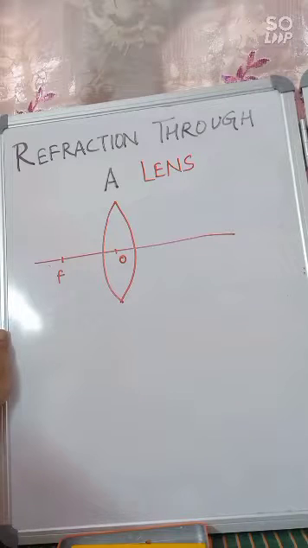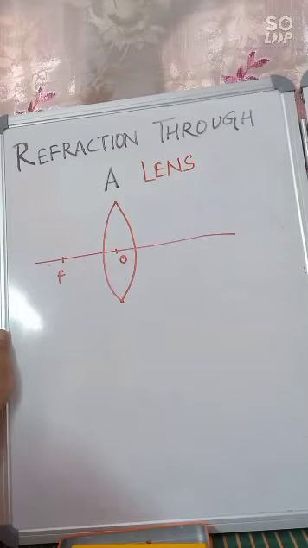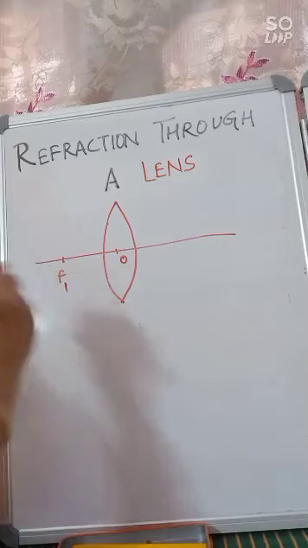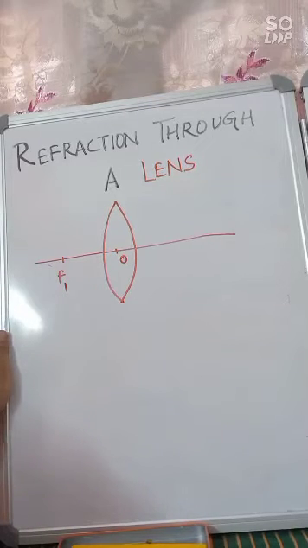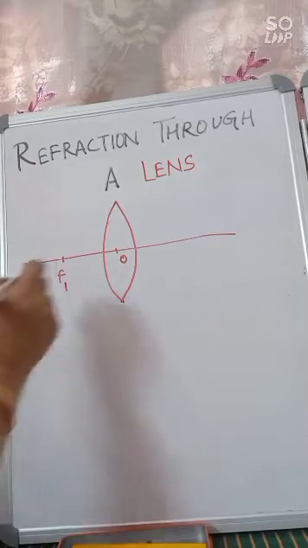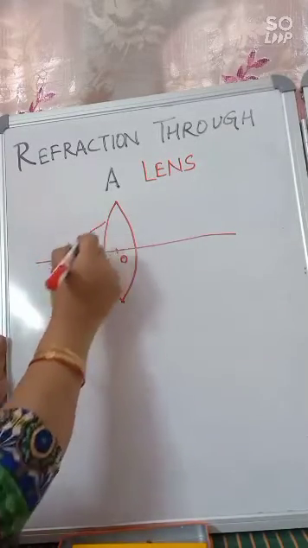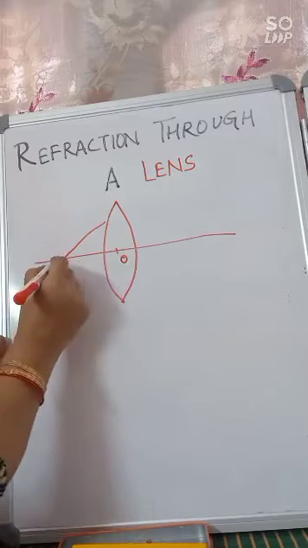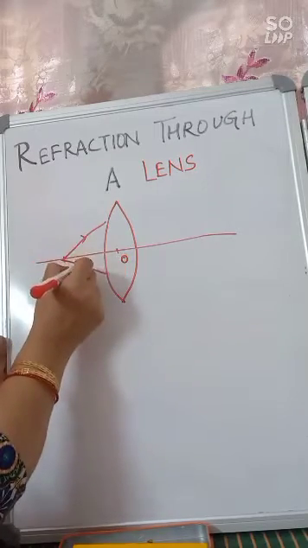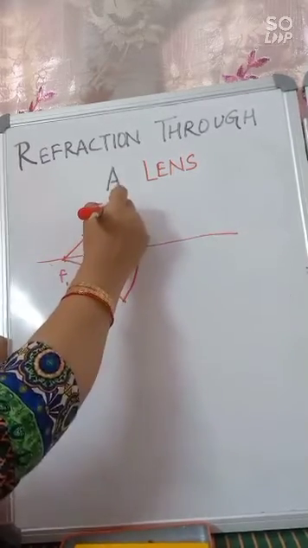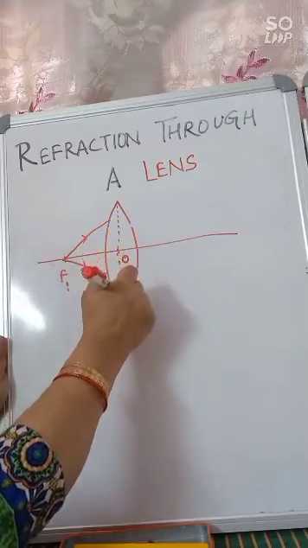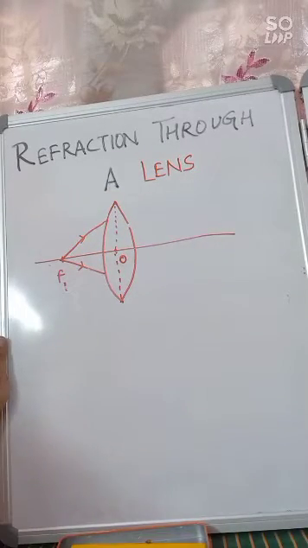We can always say first focal point or second focal point. If I talk about a convex lens, what is the first focal point? The first focal point is the point F1 on the principal axis of the lens, such that the rays of light coming from it, after refraction, become parallel to the principal axis.